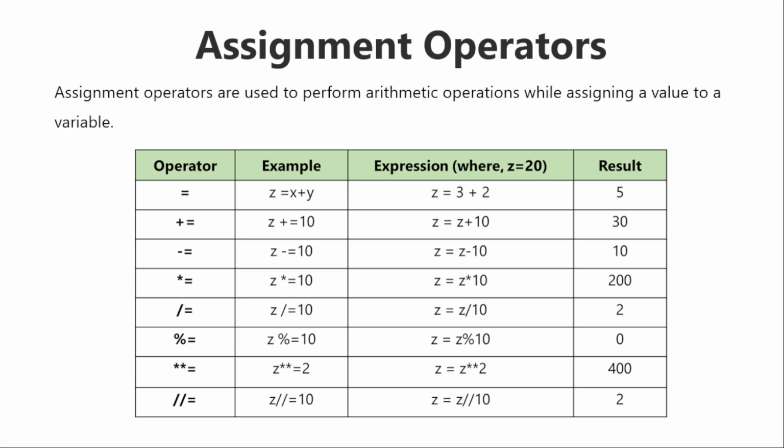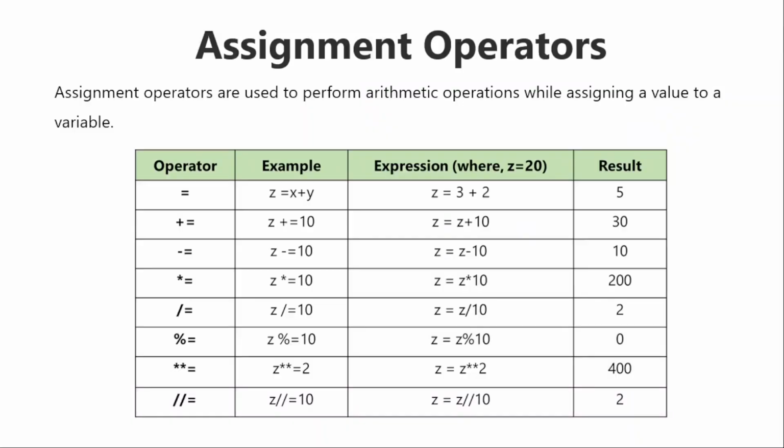They perform the arithmetic operation by assigning some value to the variable directly. If you look at the examples, I have clearly mentioned the operators, their examples and expressions, and the final result. Now we can do one by one.